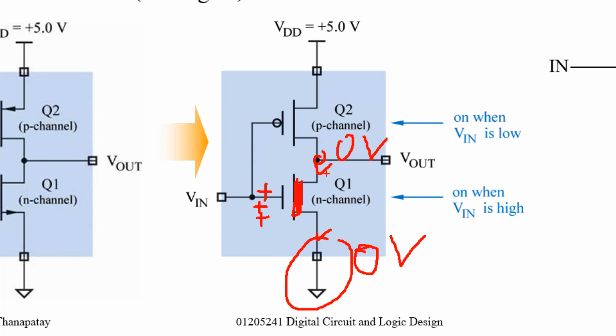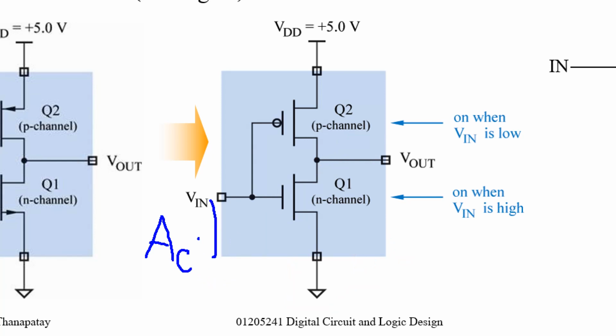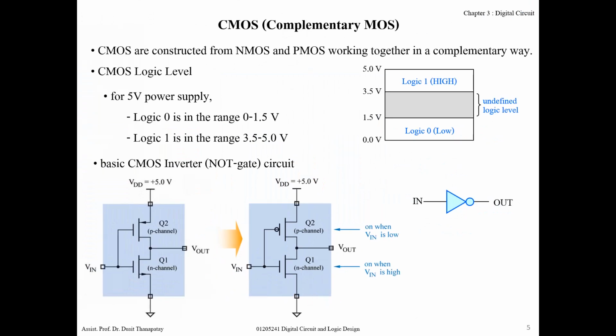Okay, so this one will be turned on when you apply logic high, right? Then it's called active high, okay. Active high element. So please remember, okay, this is the basic one. Okay, active low and active high.